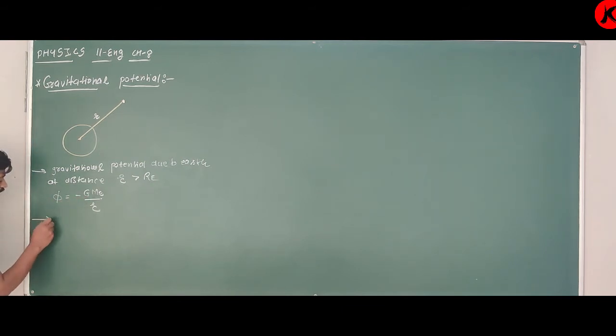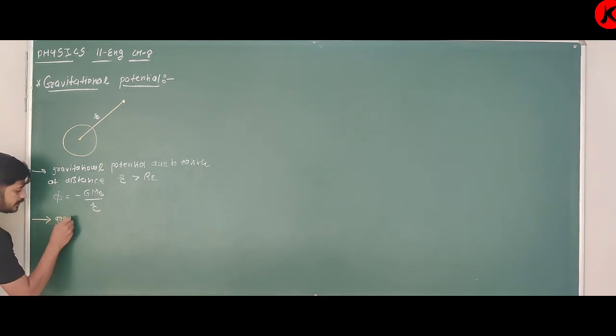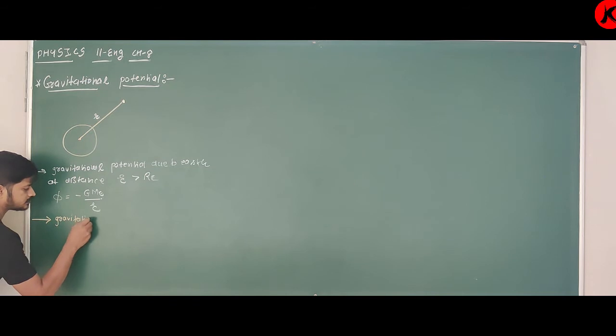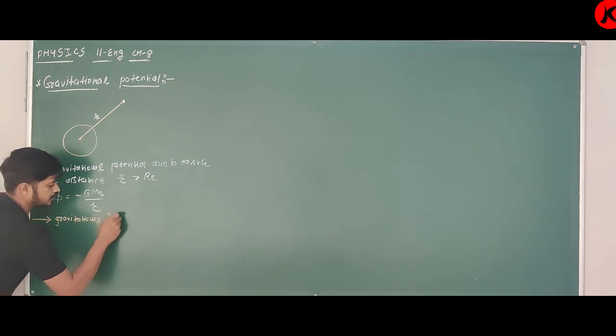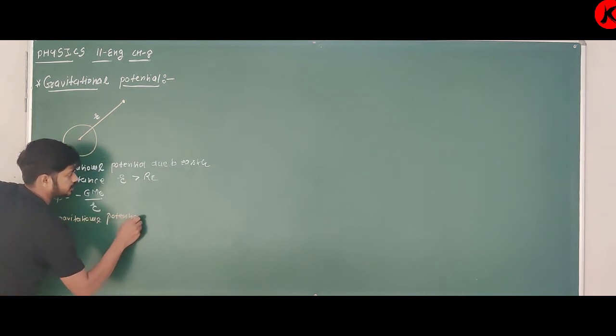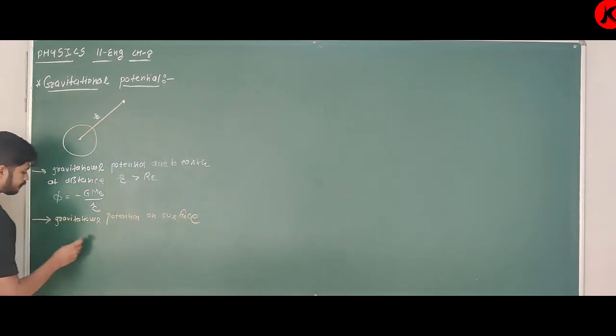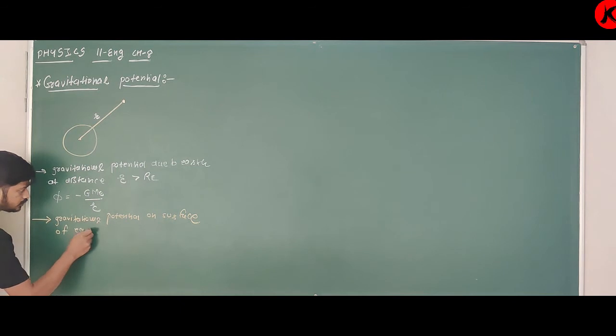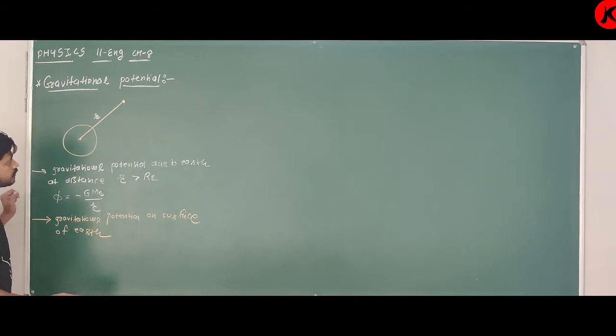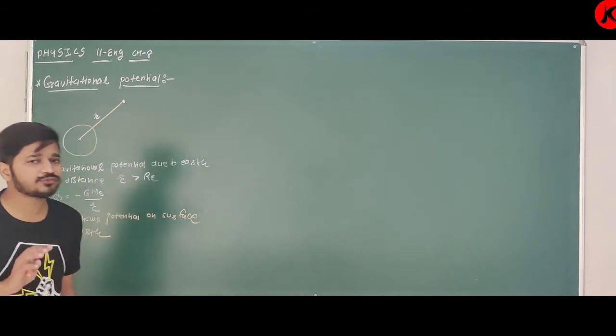If we want to find gravitational potential on the surface of Earth, it means simply you have to bring unit mass from infinite distance to the surface of Earth.